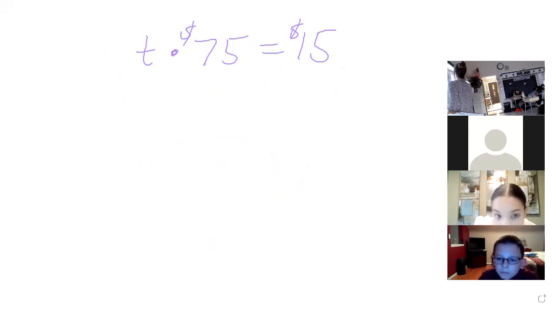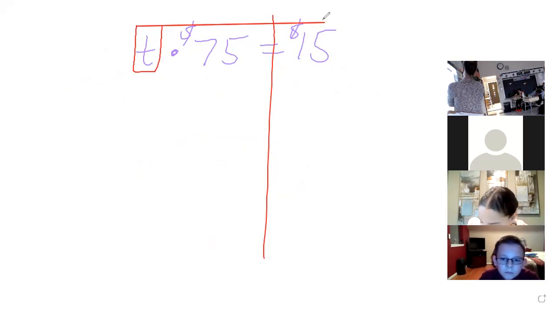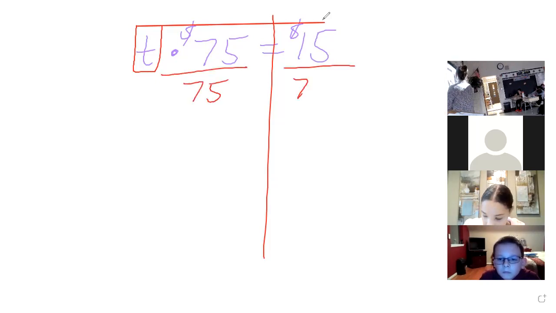All right, step 1, I've got to see it on your paper. Identify the variable. How do I get rid of the stuff connected to the variable? Right now they're multiplied together. How do I get rid of multiplication? Division. So I'm going to divide both sides by 75.